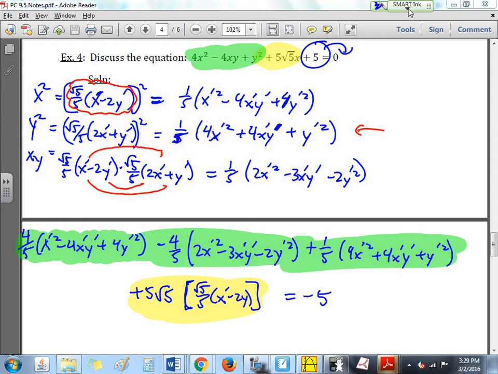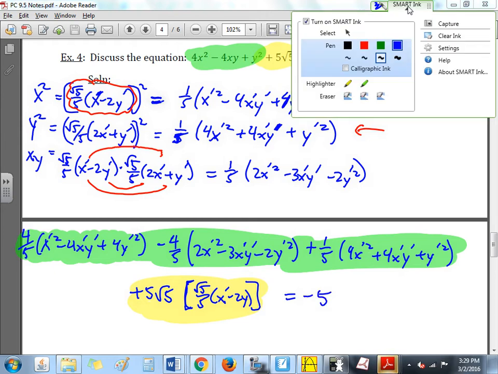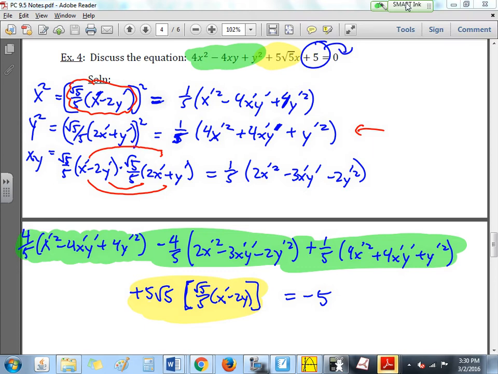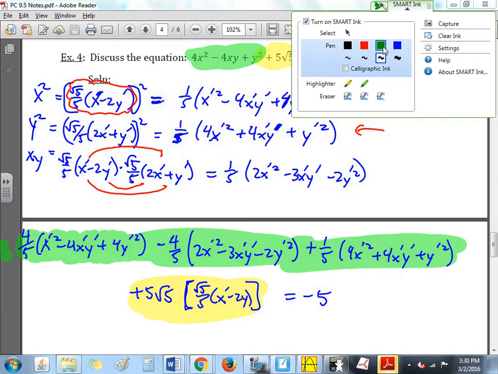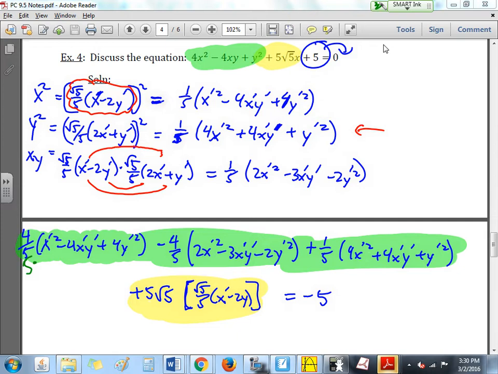Okay, this is pretty awful, but first thing I'm going to do is clean it up a little bit by going through and multiplying everything by 5. So I'm going to clear the fractions, basically. I'm going to use a green pen here. So I'm going to multiply this term by 5, so this cancels out.